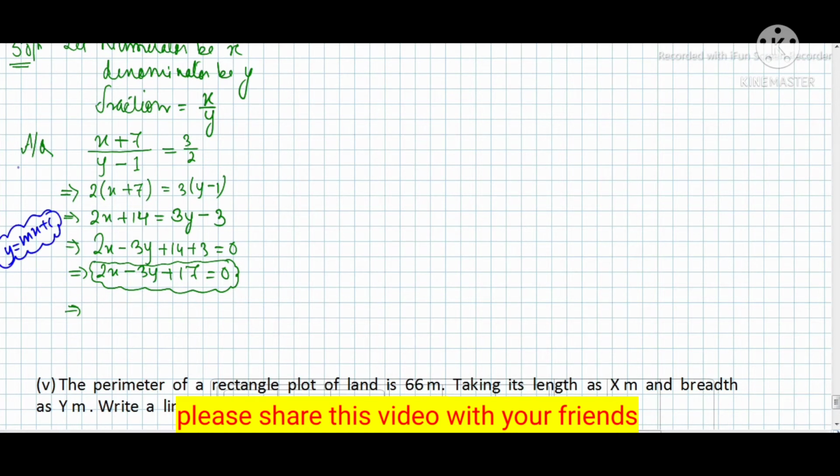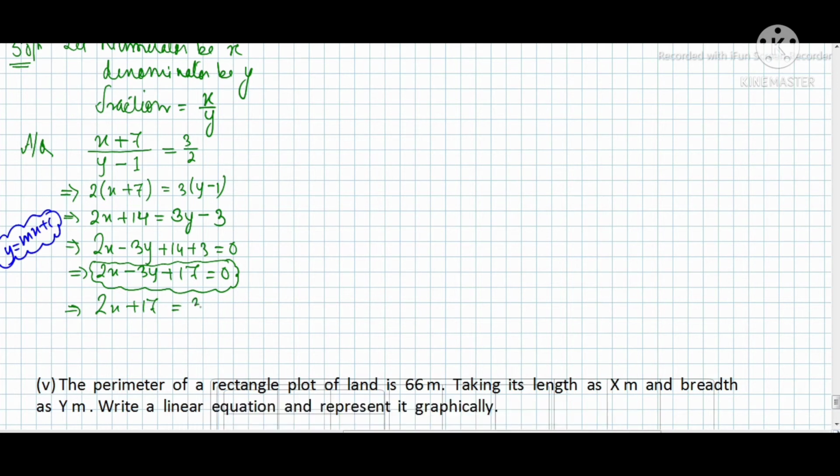In order to transform, I have to move 3y to the other side. So it will be 2x plus 17 is equal to 3y. Then the value of y will be (2x plus 17) by 3. Now I have to draw the table.